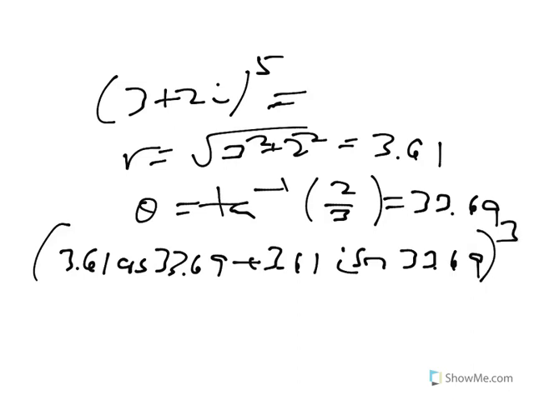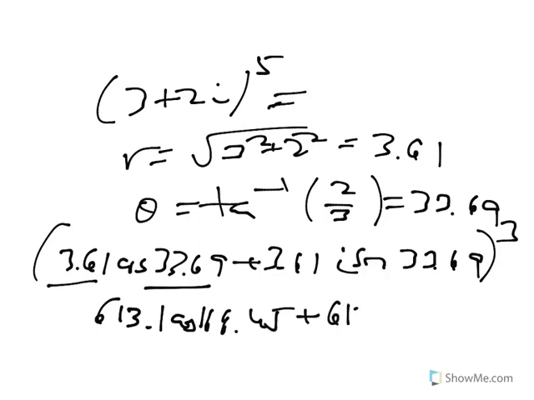Raise that to the 5th power. That's going to be whatever 3.61 to the 5th power ends up being, 613.1. And when I multiply 33.69 times 5, I get 168.45. And my other number is the same, except it's got an i in it and a sine, 168.45.